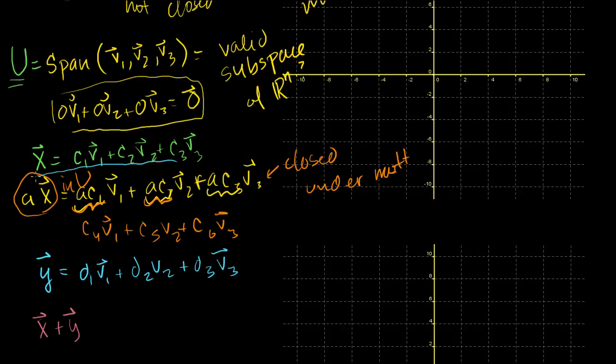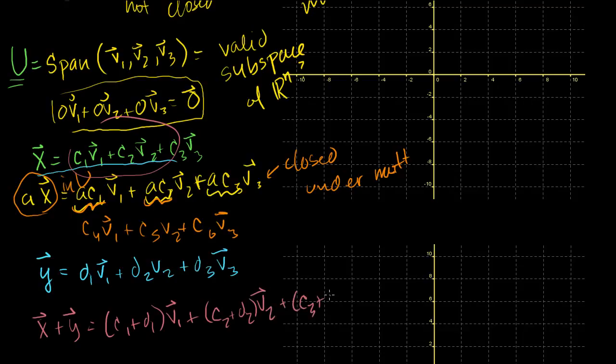If I add these 2 vectors, what are they equal to? I could just add all of this stuff plus all of this stuff. And so what does that equal? If you add these together, you get c1 plus d1 times v1 plus c2 plus d2 times v2 plus c3 plus d3 times v3.